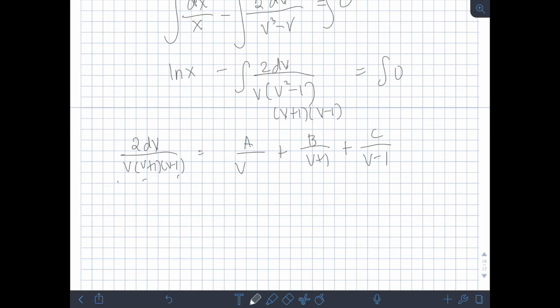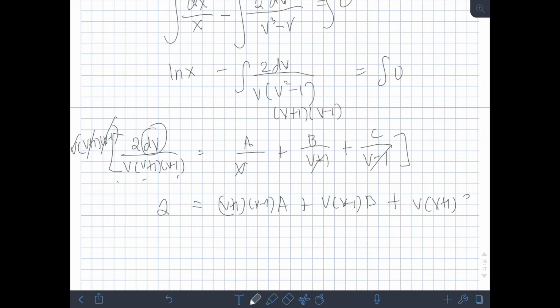Okay? Tapos, multiplying both sides by the LCD, which is yung v times v plus 1, v minus 1, we have 2, itong dv, di na siya kasama, yung constant lang, equals, itong a over v, so makakancel natin itong v, matitira ay v plus 1, v minus 1a, plus, itong b over v plus 1, makakancel itong v plus 1, matitira ay v times v minus 1b, plus, itong c over v minus 1, makakancel naman itong v minus 1, matitira ay v times v plus 1c.